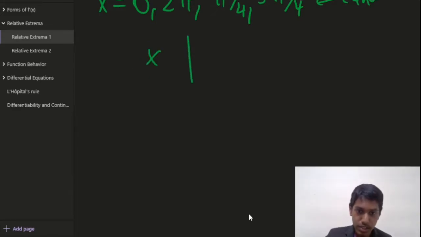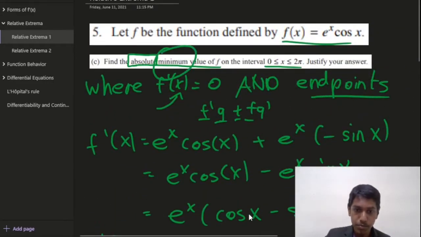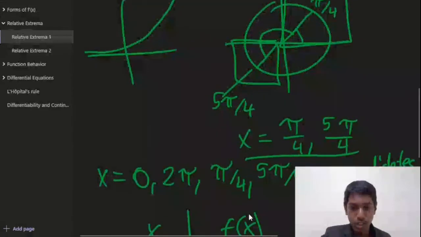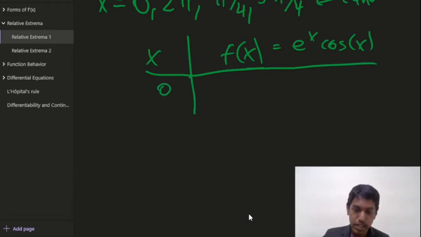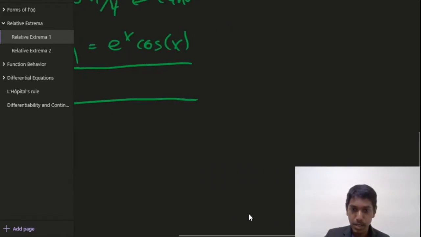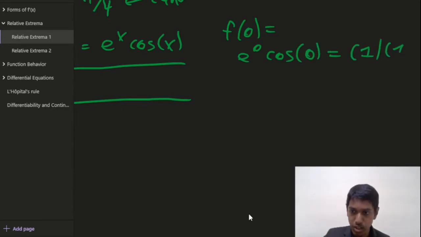So we'll have what x is, and f of x. Now all we've got to do is find the absolute minimum, not maximum, but minimum of the function f. So let's remind ourselves what this is, e to the x cosine x over here. Now I've got to do some plugging in. It may not be as bad as it looks. So f of 0 will be e to the 0 cosine 0. That'll simplify nicely to just a 1.